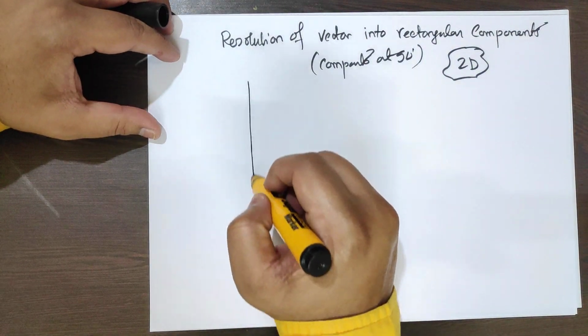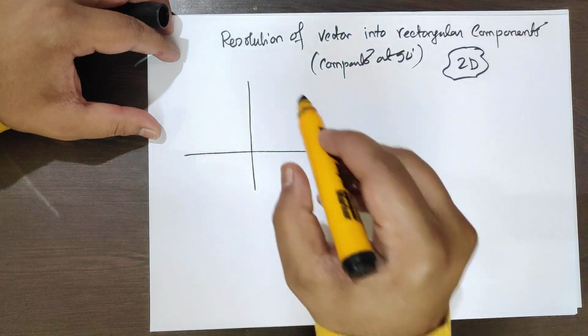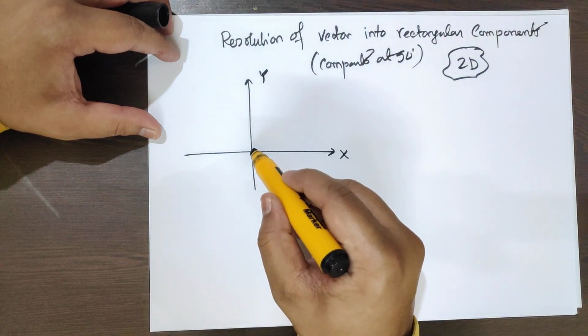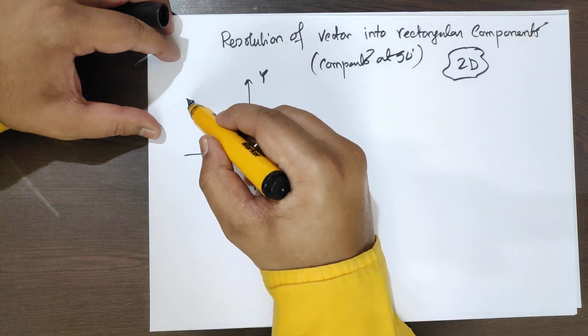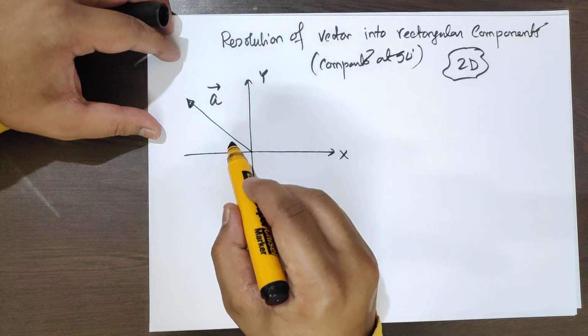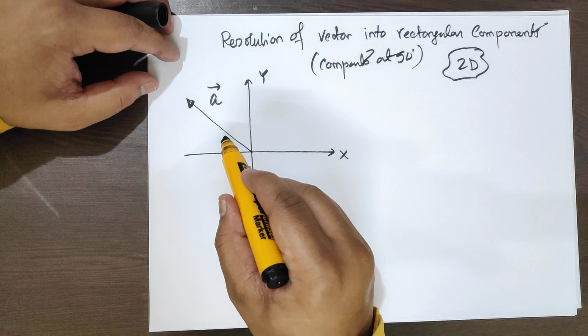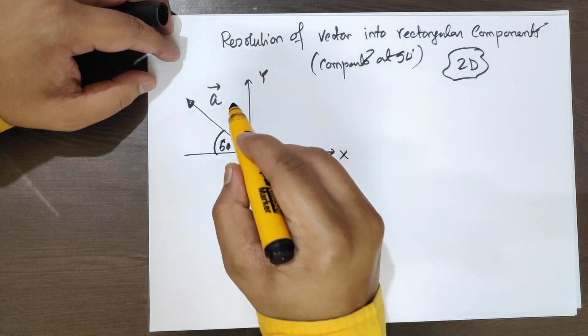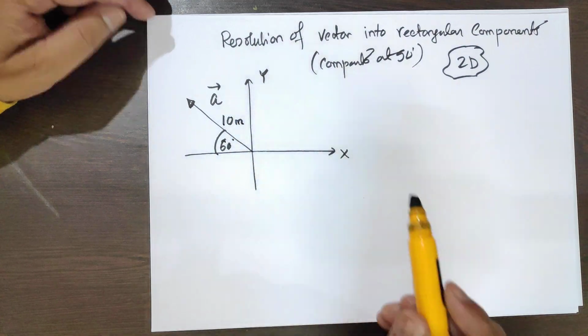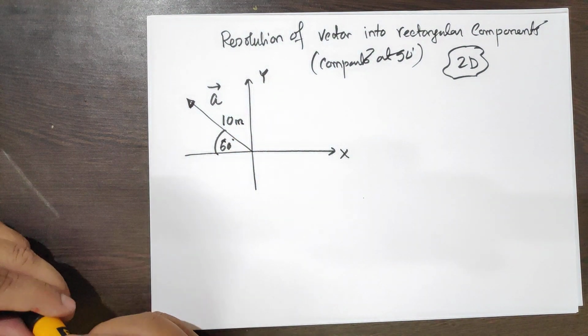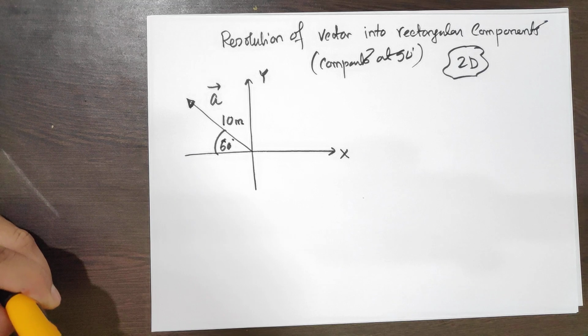So suppose this is a vector like this, right here. So that's vector A. Now suppose this angle happens to be 60 degree, and this is say 10 meter. Okay, so how to express vector A in terms of unit coordinate vectors I cap and j cap?